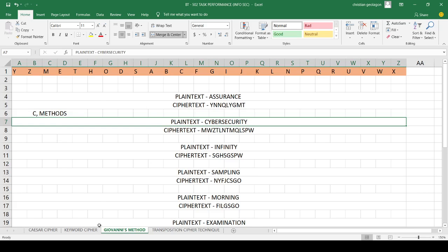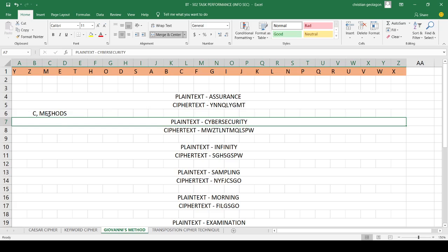Giovanni's method and the keyword cipher are almost the same, but there is one additional thing to do in this method. We use again the plain text, assurance, and the ciphertext, the encrypted word of assurance.